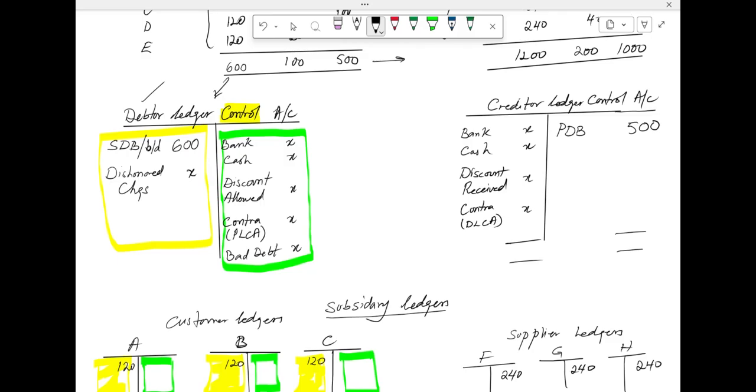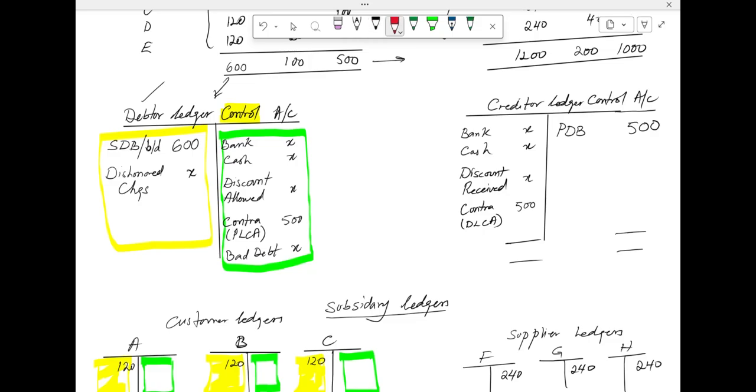So instead of collecting £600 and then taking £500 out of it and giving it back to them, I will net off the lower balance. I will pass a double entry, which is debtor ledger control account credit by 500, and creditor ledger control account debit by 500.